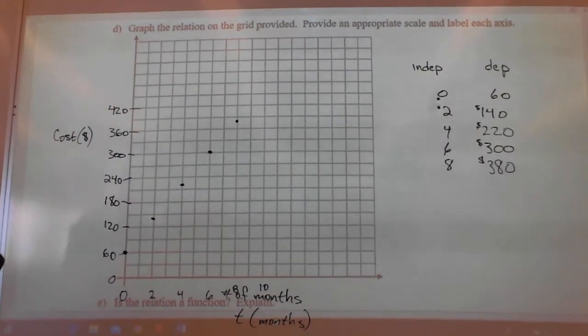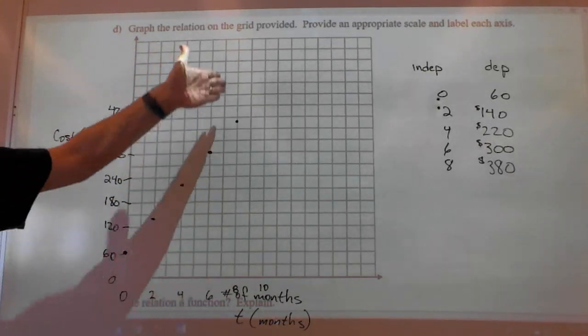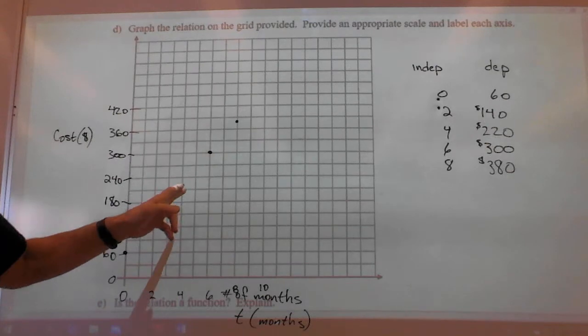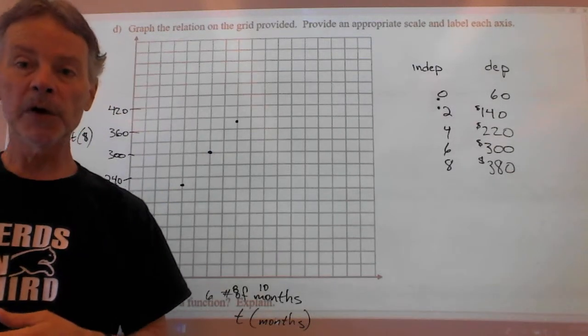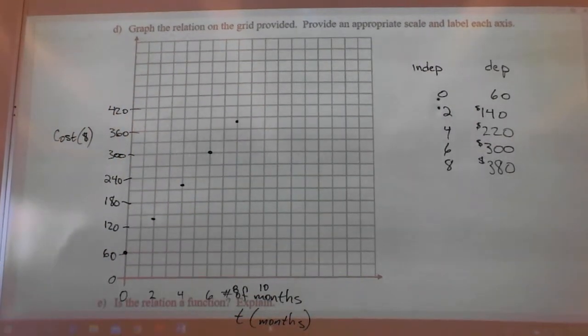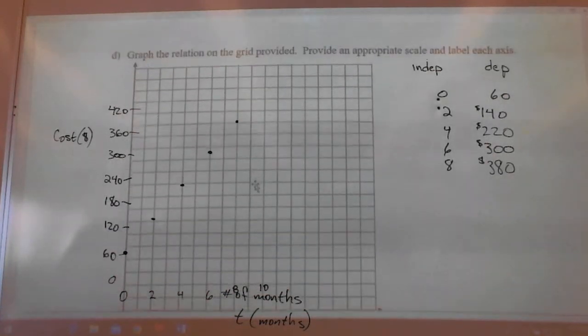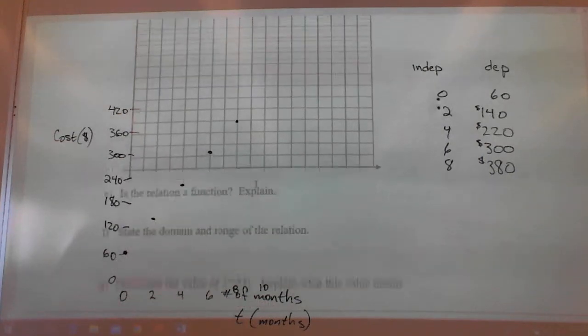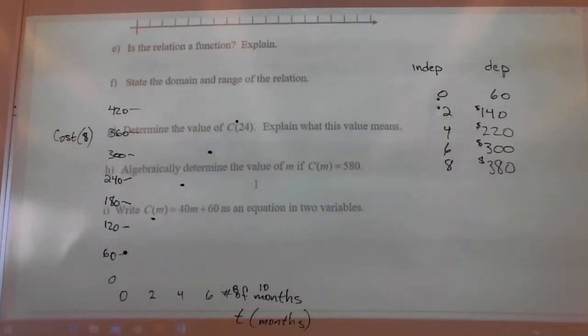Is the relation a function? Well, can you drop a vertical line through here and only go through 1 point? Is there any place where a vertical line would go through 2 points? And your answer is no. State the domain and range of the relation. Now, we're going to assume that our maximums are the maximums they gave us, right? At 8 months and $380.